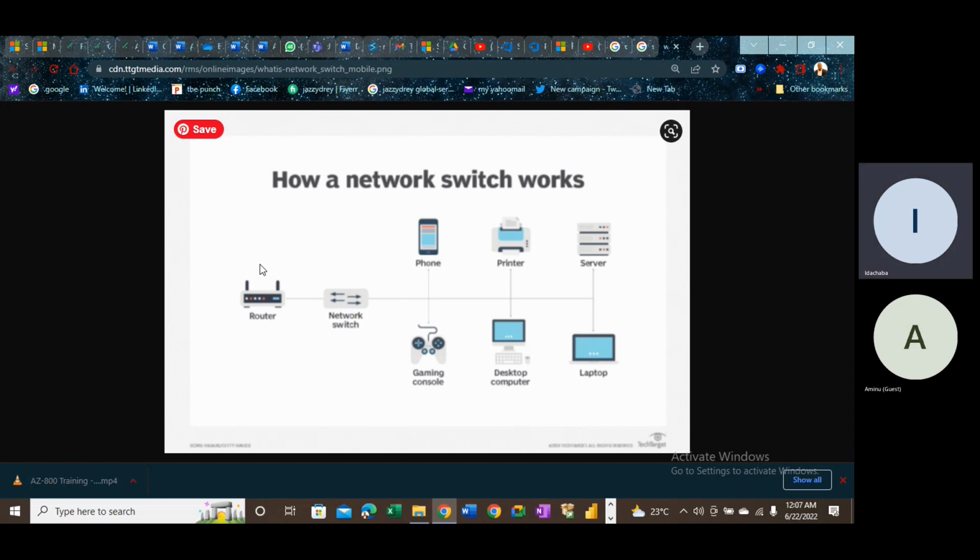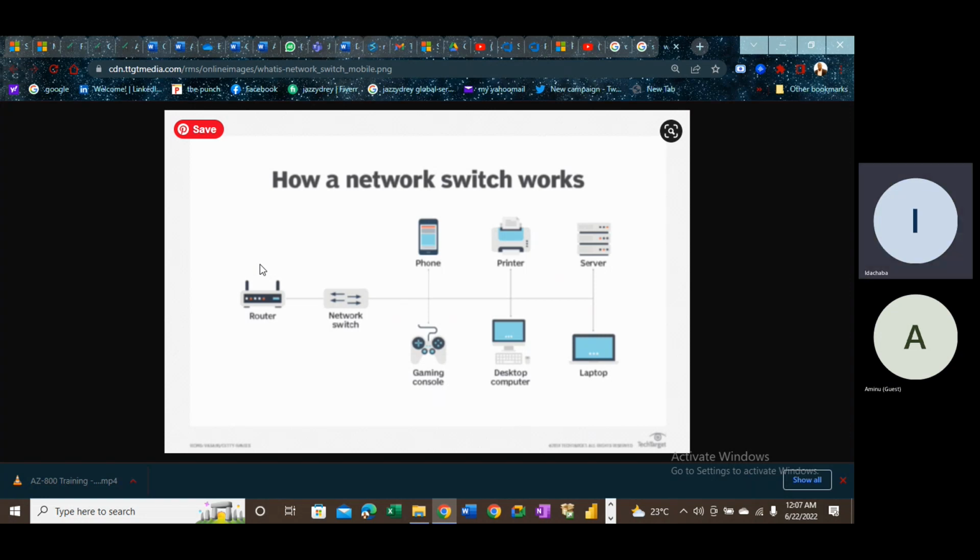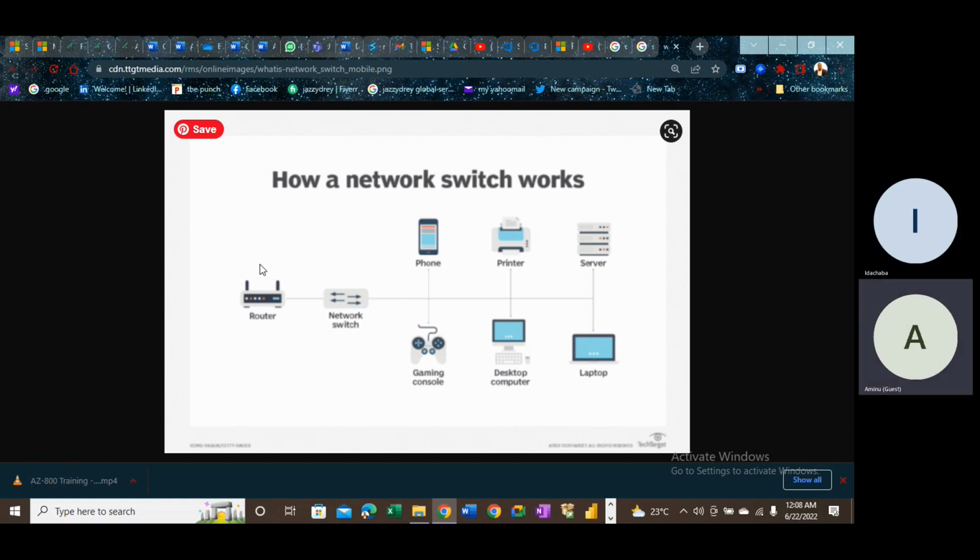Did you understand that? I said your router serves as a gateway between an internal network, the one you are looking at, and an external network. An example of an external network is your internet, the World Wide Web.